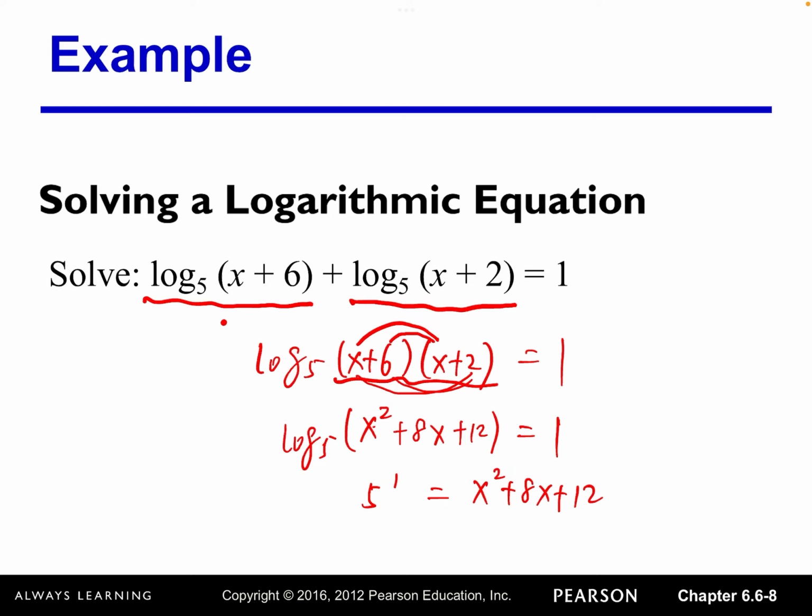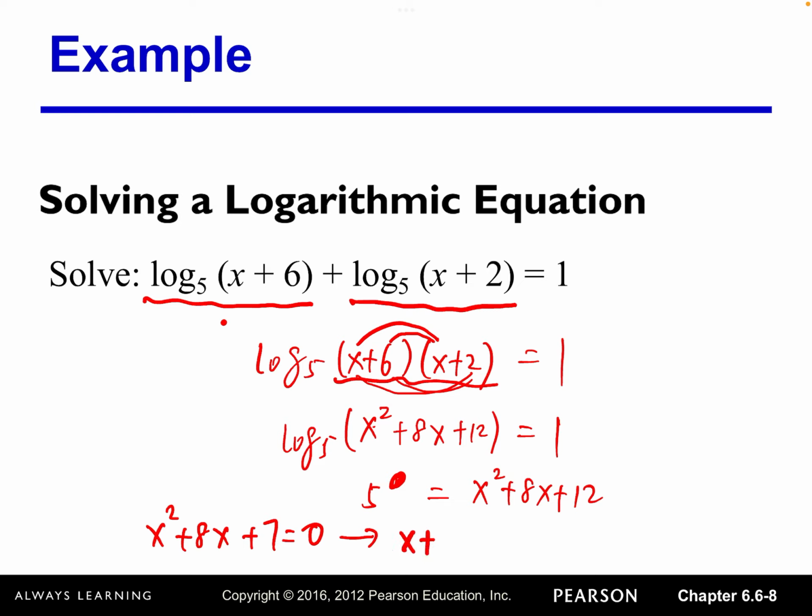5 to the first power is still 5, so subtract 5 on both sides, and then we get a standard quadratic equation: x squared plus 8x plus 7 equals 0. Then we can write it in factored form. We can easily tell 7 can be broken as 1 times 7, and 1 plus 7 equals 8.